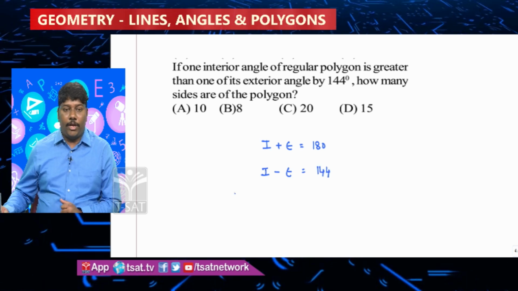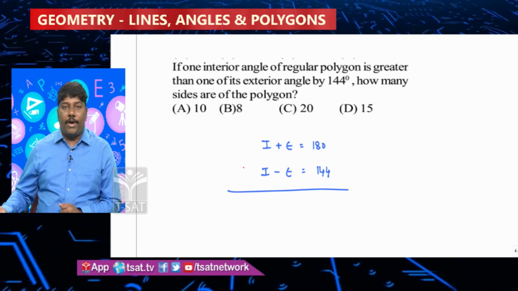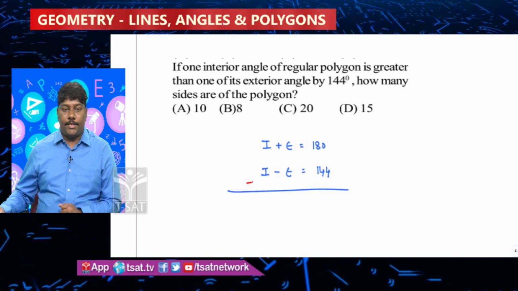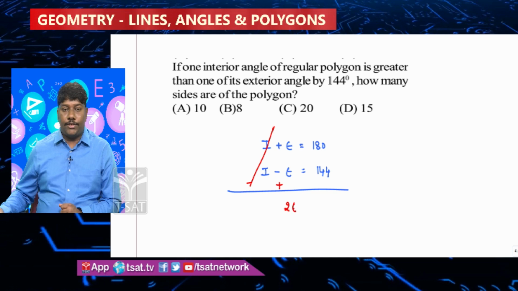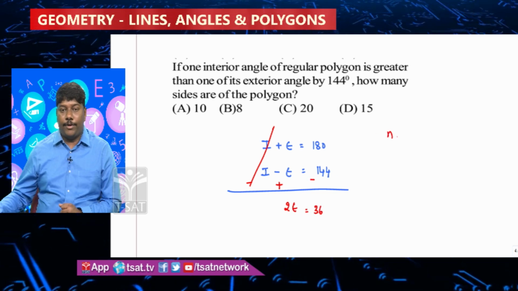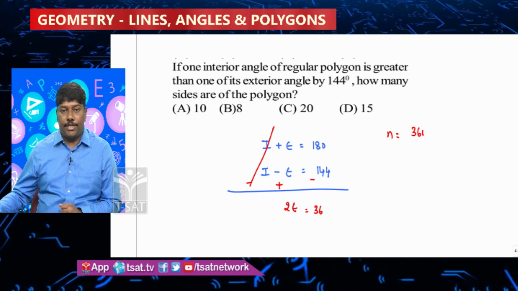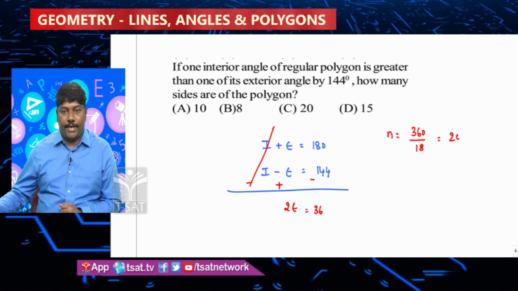So how many sides does the polygon have? In order to find out the sides of the polygon, don't find interior, find out the exterior angle, cancel it. So 2 into exterior is equal to 36, exterior angle is 18, therefore number of sides is equal to 360 divided by 18, which is equal to 20 sides.